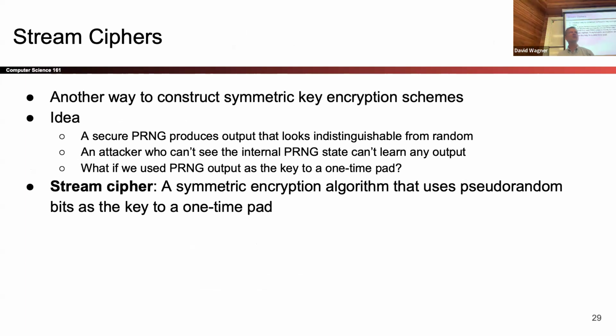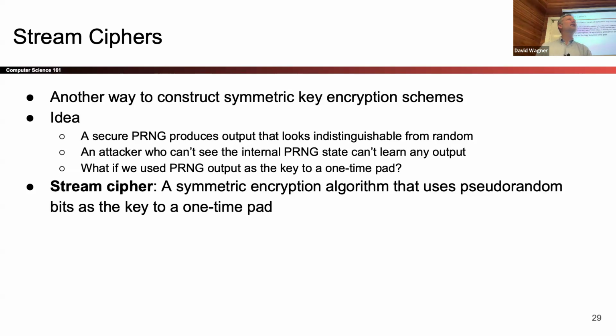Remember in AES counter mode, the way that worked was use the key to generate this pad. There's a pseudo-random pad, and then XOR the message with the pad. So a stream cipher is just a generalization of that. A stream cipher is a method to generate a pad from the key.